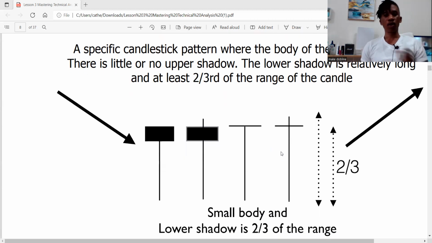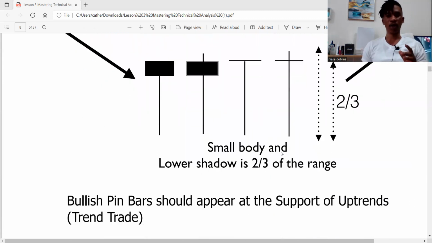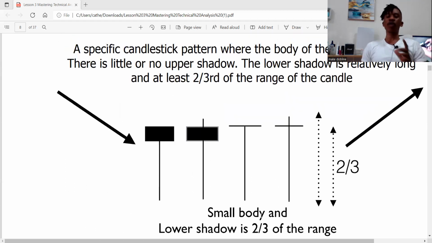Now, look at these candlestick patterns, the bullish pin bar. There's something to note here. I said this earlier. This bullish pin bar, remember we call this candle what? Bullish pin bar. So it must appear in a bullish trend. That is, the trend must be an uptrend.